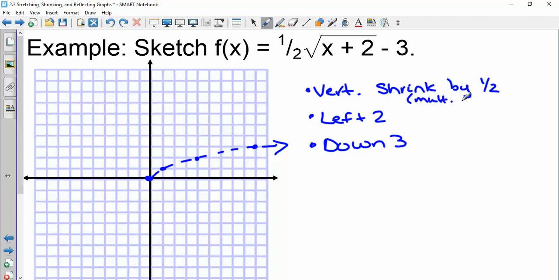So all we're doing is multiply your y by 1/2. So if I take this first point, my y value is 0, times a half is still 0. And then we go left 2, down 3.